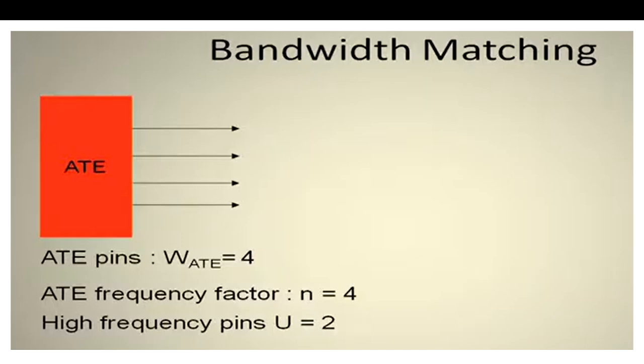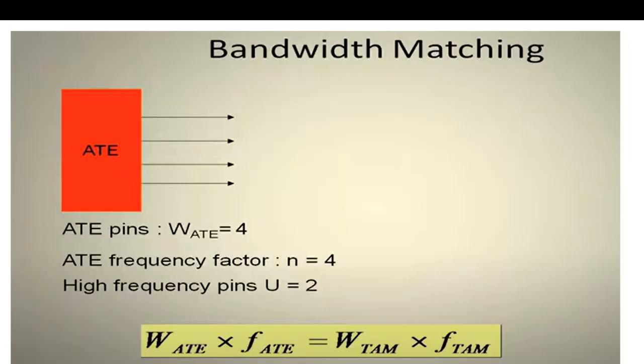Next, say ATE we have 4 pins. The ATE frequency factor we have say n is equal to 4, and next is the high frequency pins, we have 2 pins. So what is the ATE if we have W_ATE 4 pins into the frequency should be equal to the W_TAM and the f frequency of the TAM.